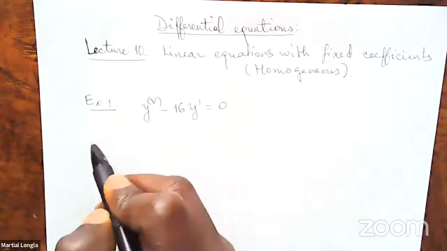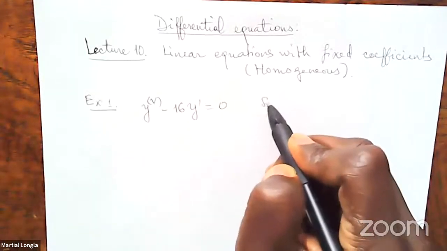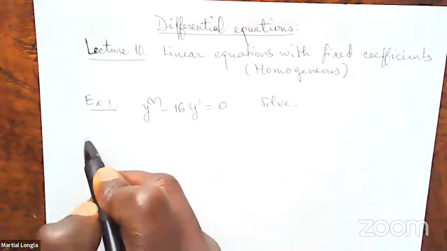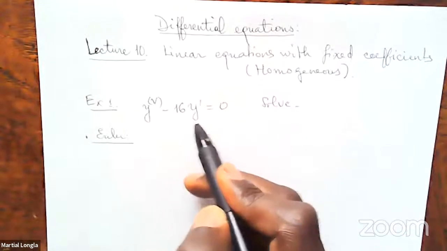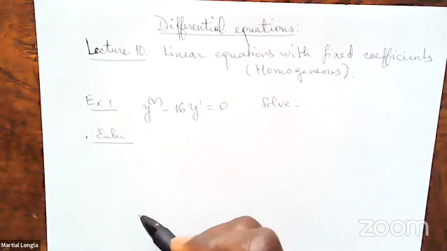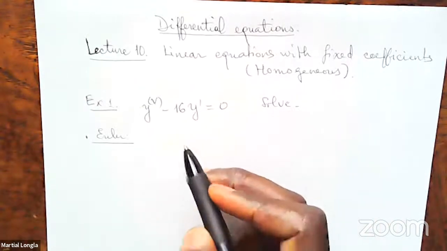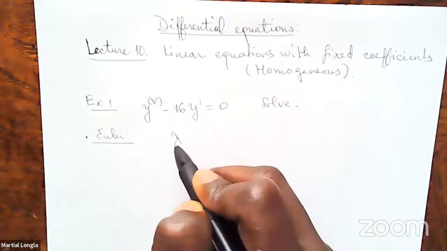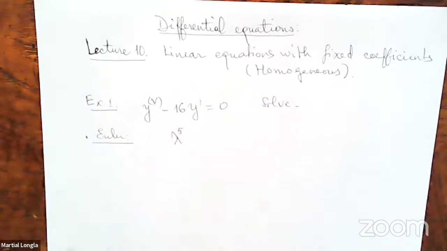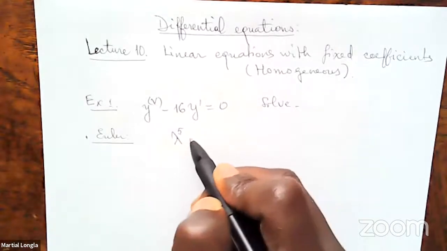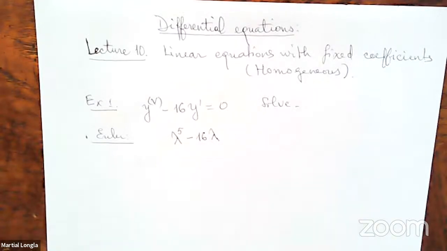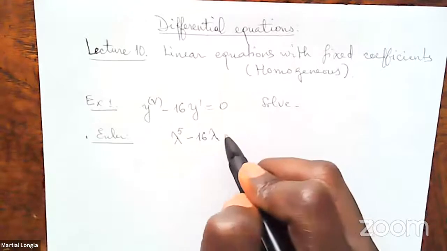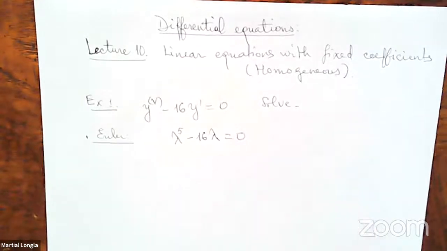So first thing, you write down the Euler equation as usual, turning derivatives into powers of lambda. So here it's lambda to the fifth, for the fifth derivative, minus 16 lambda to the power 1, because first derivative, equals 0. Nothing else over here.